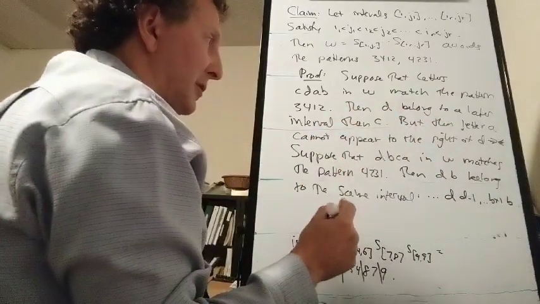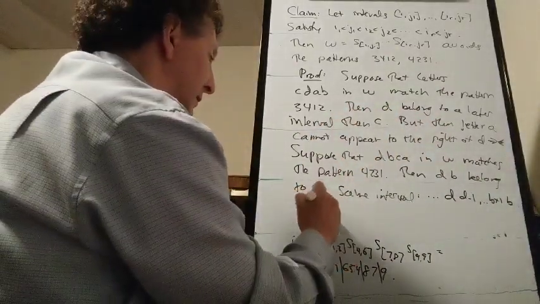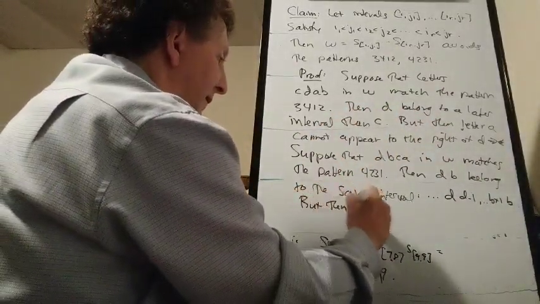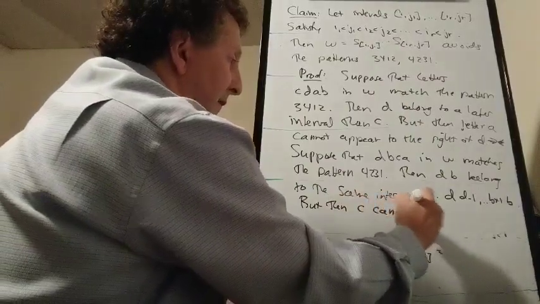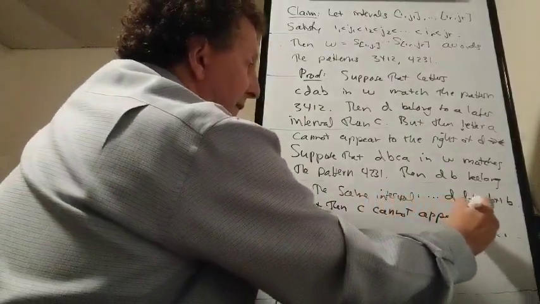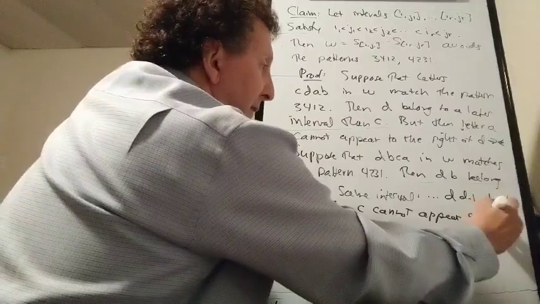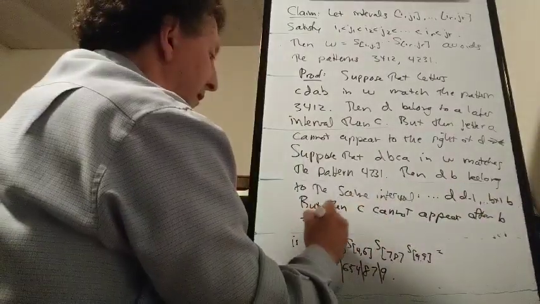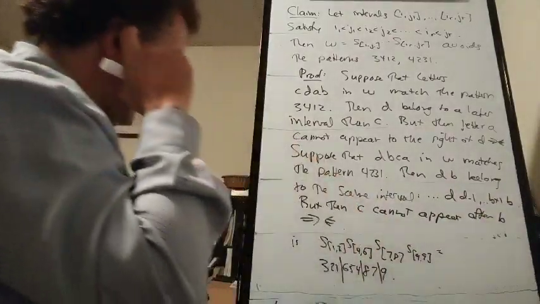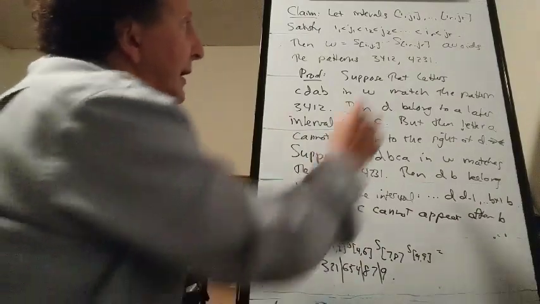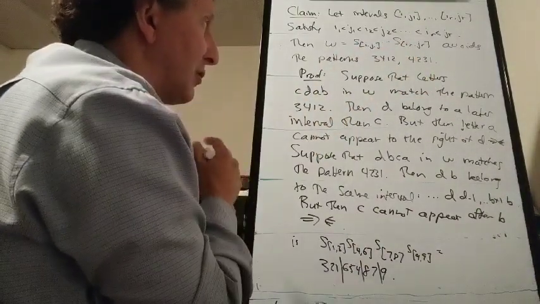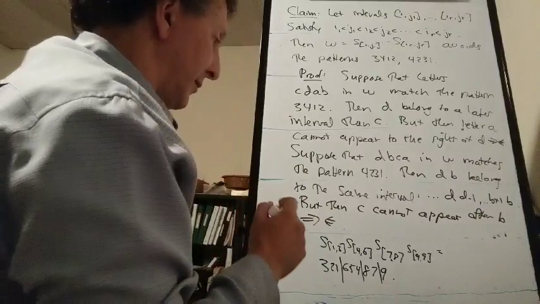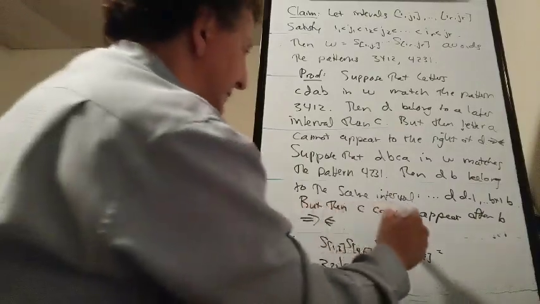It can't appear after B. That's another contradiction. So we can't have anything matching that pattern 4231 in the one-line notation either.